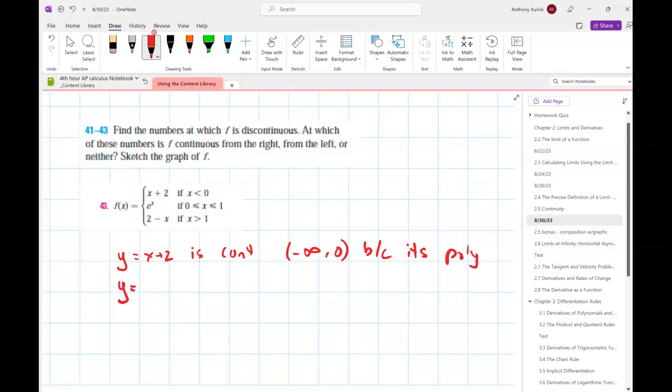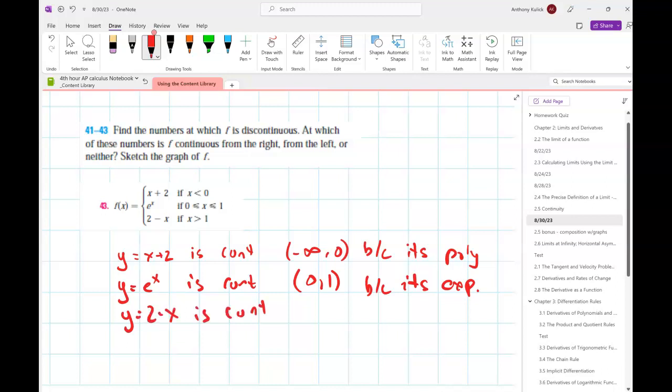I know y equals e to the x is continuous on the interval 0 to 1 because it's exponential. And I know y equals 2 minus x is continuous on the interval from 1 to positive infinity because it's polynomial. Right? So I know those everywhere on those intervals is continuous.